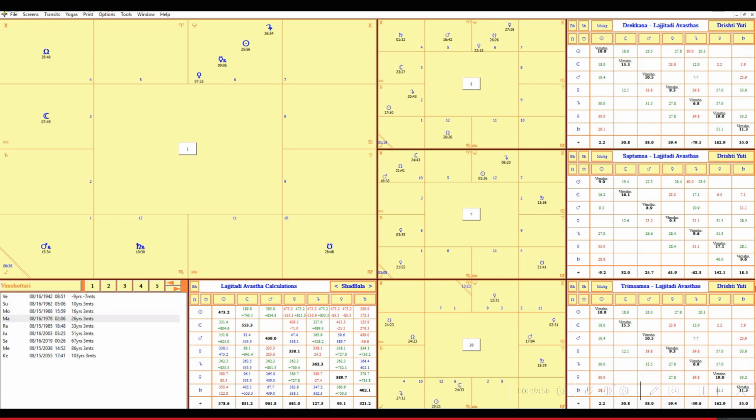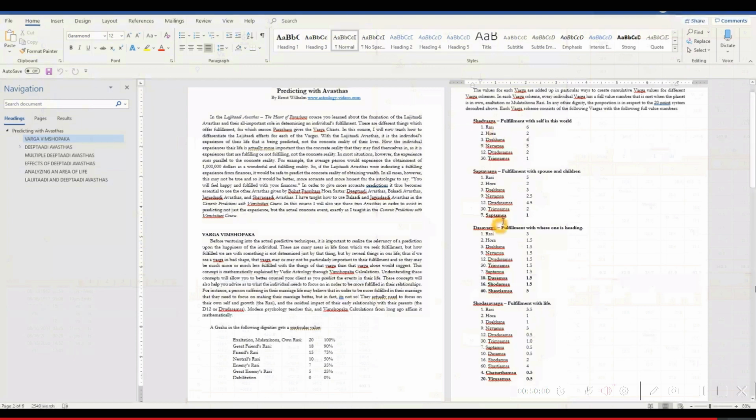And the way to do that is by following this Vimshopaka roadmap of how Vargas are connected, what Vargas are giving more emphasis. Like, for instance, the Navamsha gives 5 points.